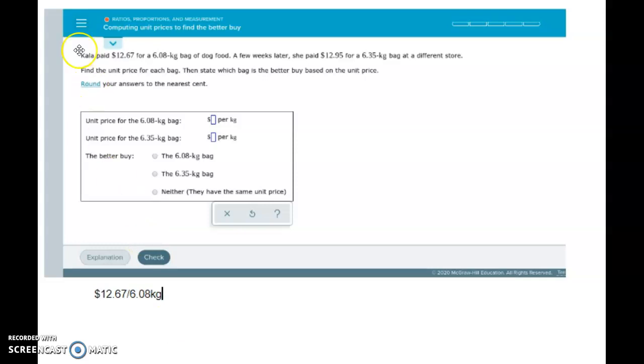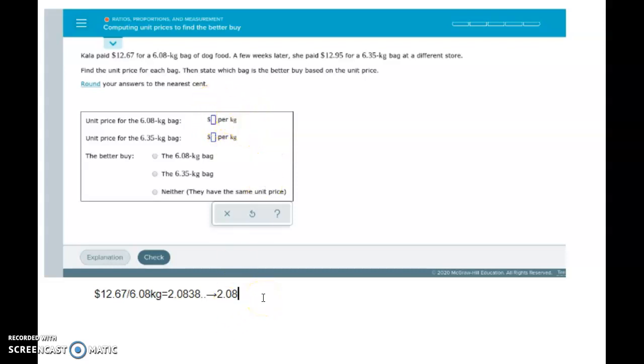Alright, so our answer would be 2.0838 and so on. I'm just going to round that to the nearest cent, which means the hundredths place. So what will that be? It will be $2.08 per kilogram. And we already have that, so I'm not going to write that.